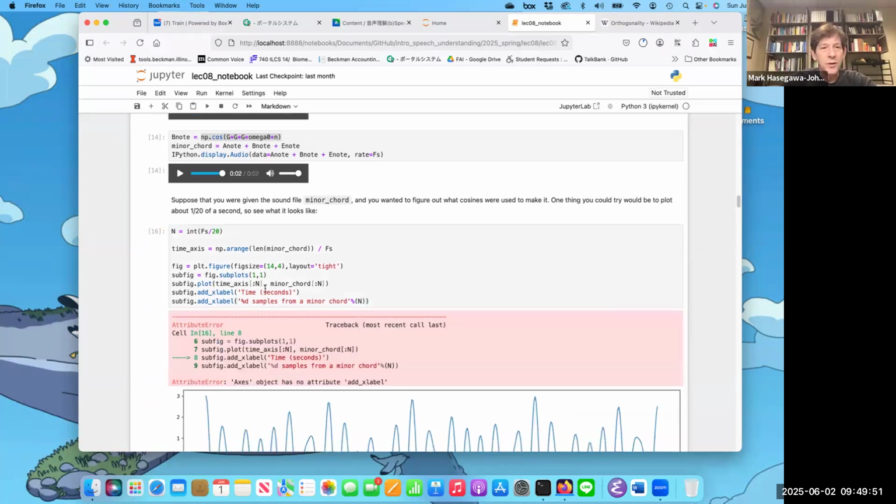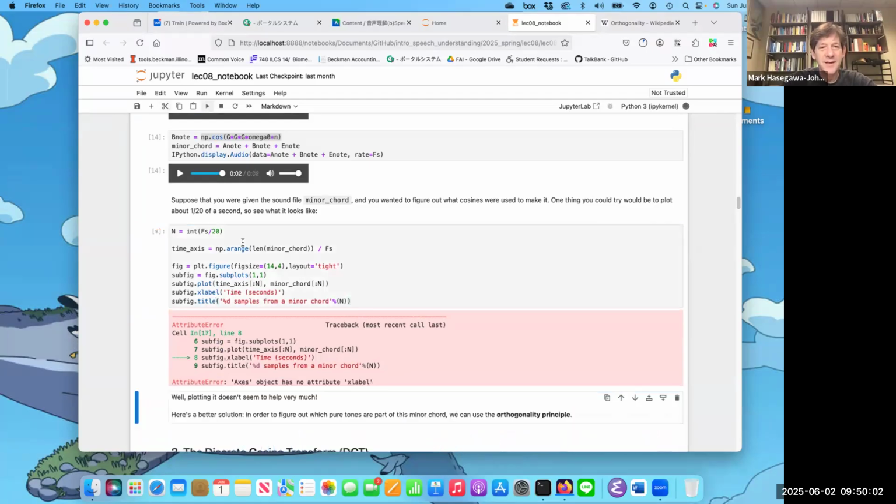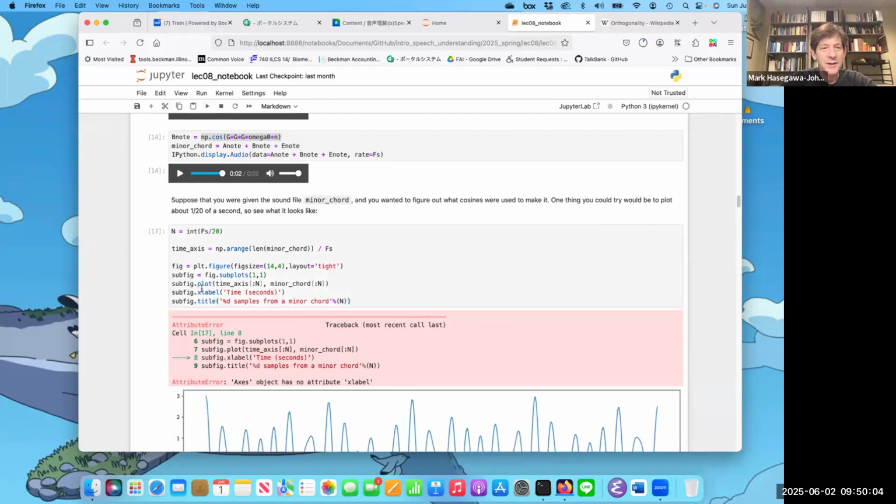Oh, that didn't work. Let's see, do I call it X label? I forget how I set the title. Nope, not X label, not title. Subfig dot set X label maybe.